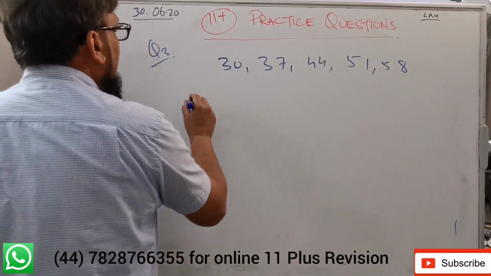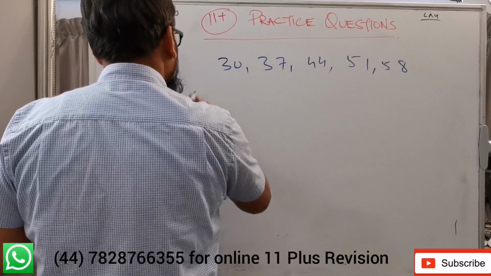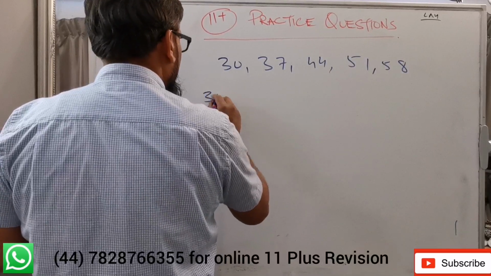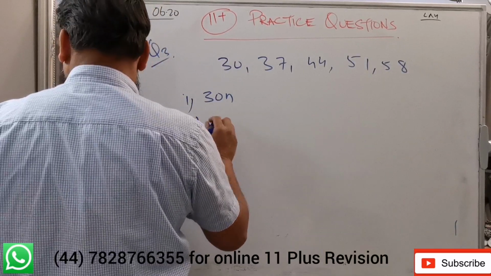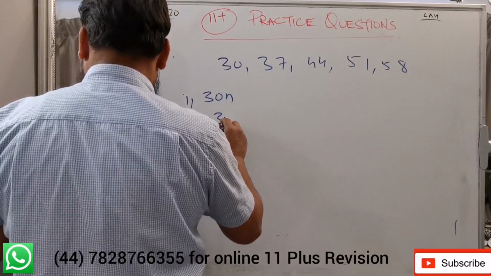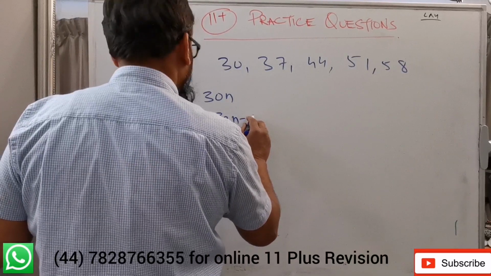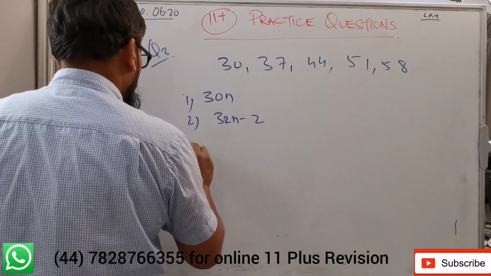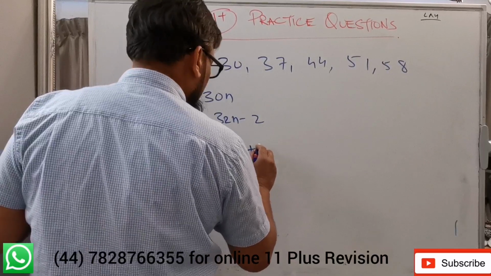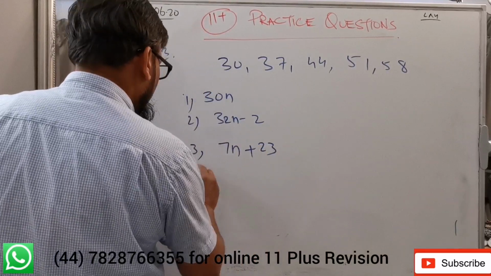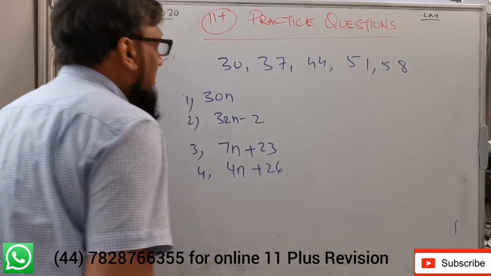And the options are: A is 30n, option 2 is 32n minus 2, option 3 is 7n plus 23, and option 4 is 4n plus 26.